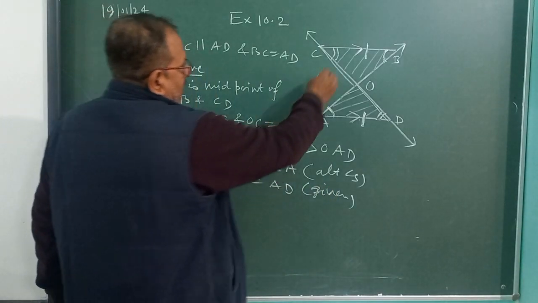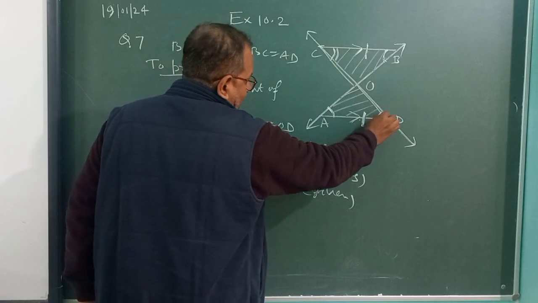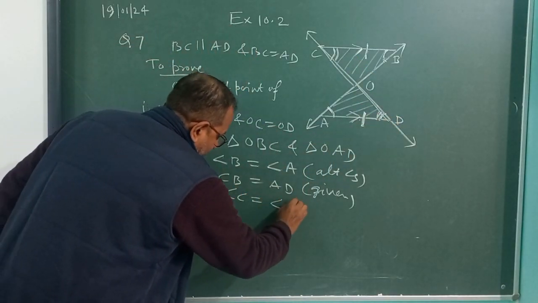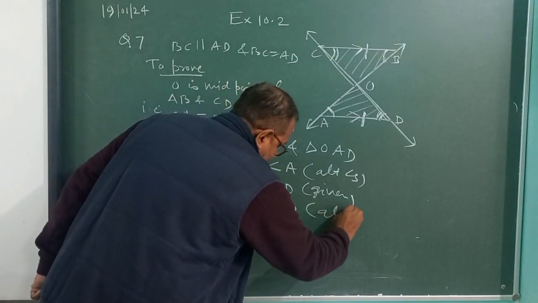Next, angle C and angle D both are equal. Angle C is equal to angle D. Again, alternate angles.